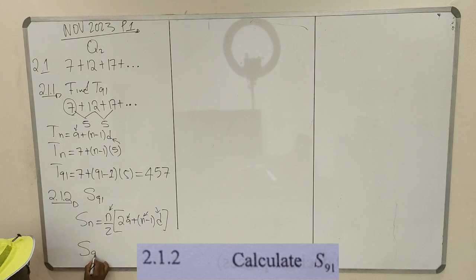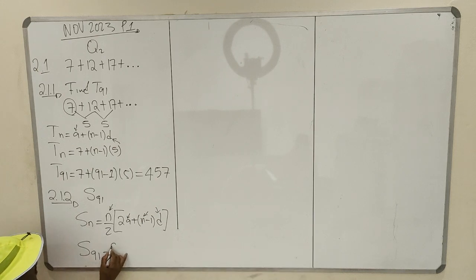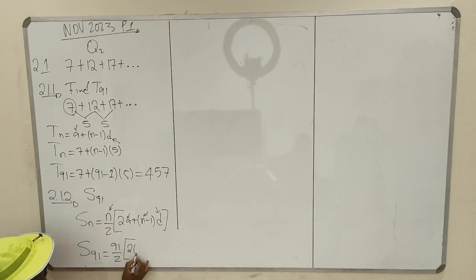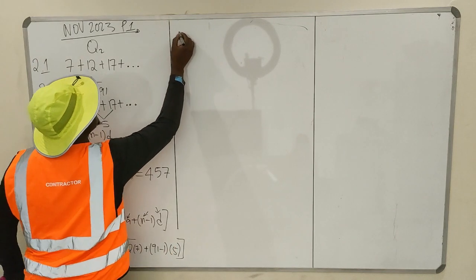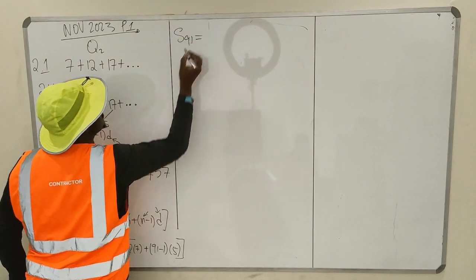So the sum of 91 terms is equal to 91 over 2 times (2 times the first term, which is 7, plus (91 minus 1) times d, which is 5). The answer of this will be the sum of 91 terms.